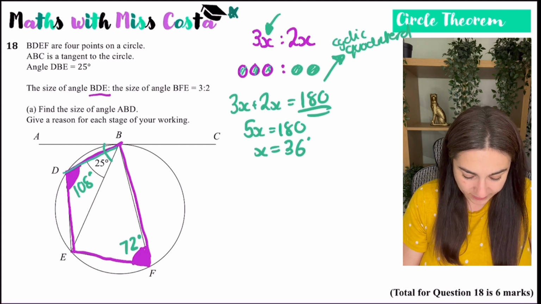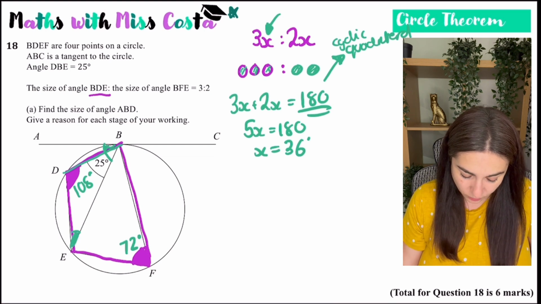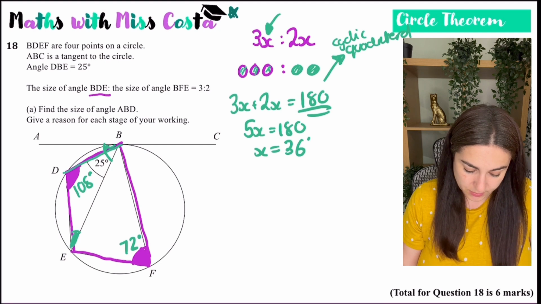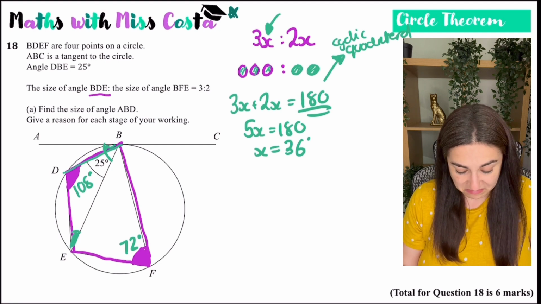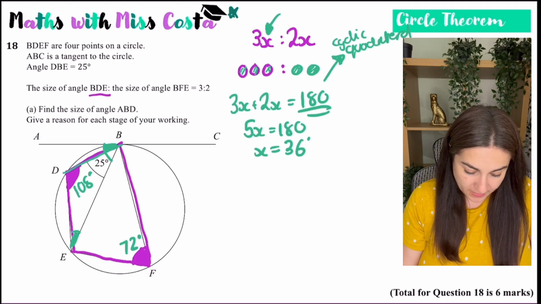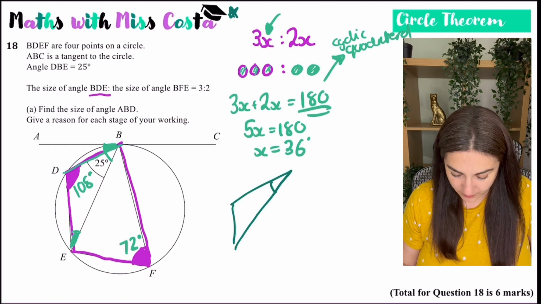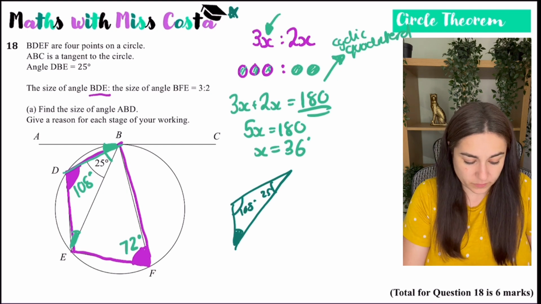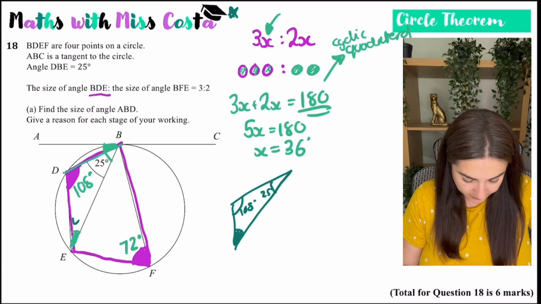This is a chord, and this little angle here must be equal to this little angle here. Let's go about it that way. If I just took this triangle out, I know that this is 25 degrees, this is 108 degrees, so I could work out what this is by doing 180, take 108, take 25, equals 47.